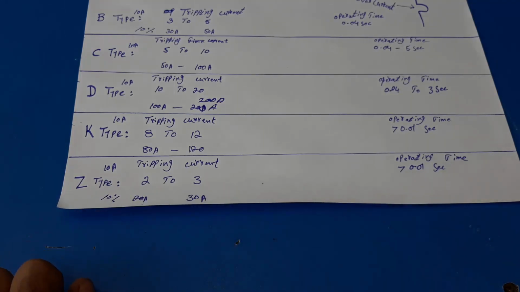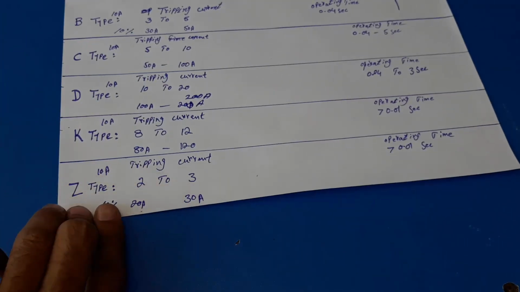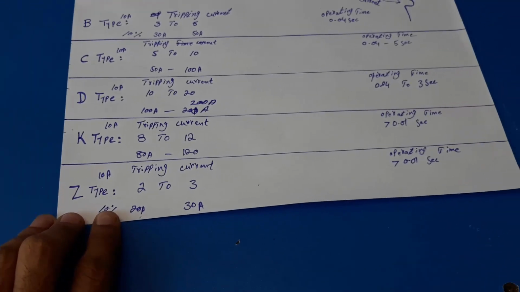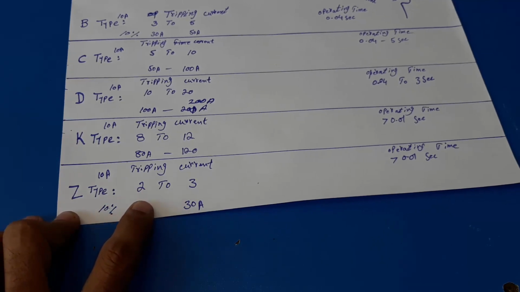These types of MCB are highly sensitive to short circuit and overload, and are used for the protection of highly sensitive devices such as semiconductor devices. So we have discussed the functions of the Z-type MCB: protection and control of circuits against weak and long duration overloads and short circuits.